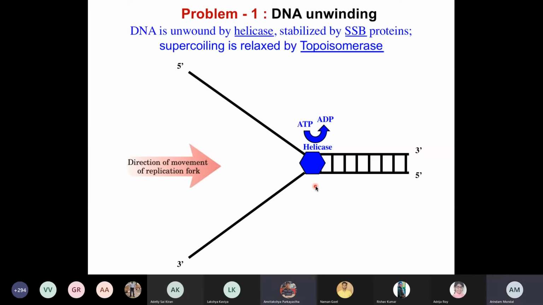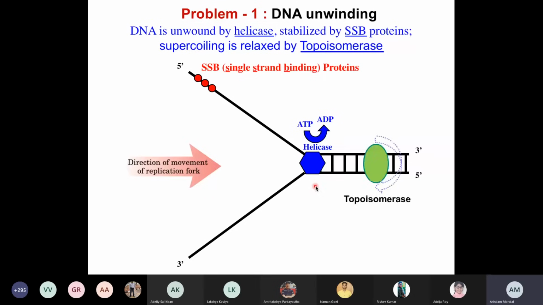You can rotate, but other than rotating, imagine if you can cut one of the strings, it will immediately unwind, it will keep on unwinding until the supercoiling gets released, right? So that's the role that topoisomerase does.